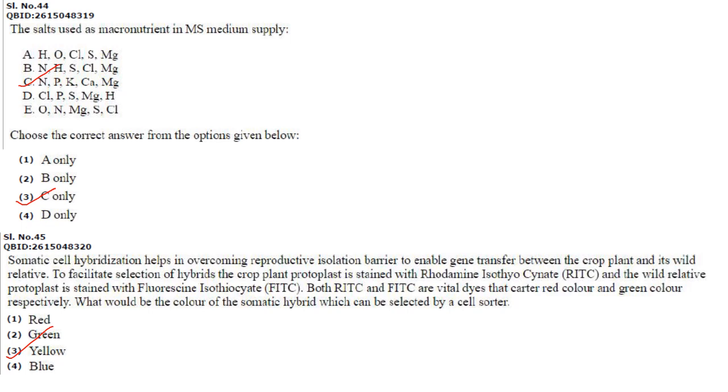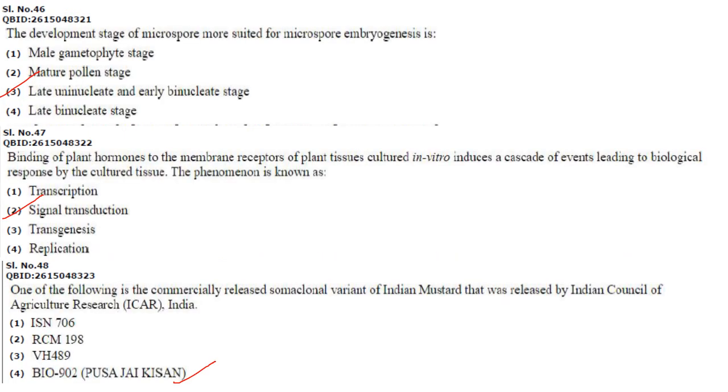Now after somatic cell hybridization the protoplasts will fuse and you will get a color which is a mixture of red and green. So that will be what color? It will be yellow, because red and green on mixing will result in yellow. So the color of the somatic hybrid which can be selected by cell sorter will be yellow. Answer is option. Then next one.